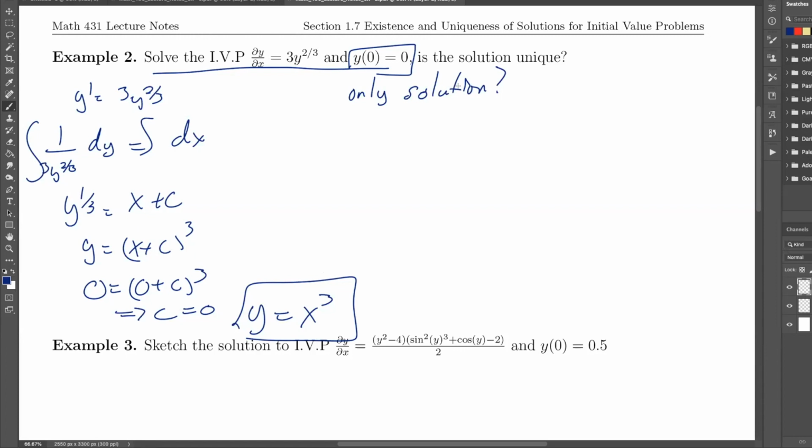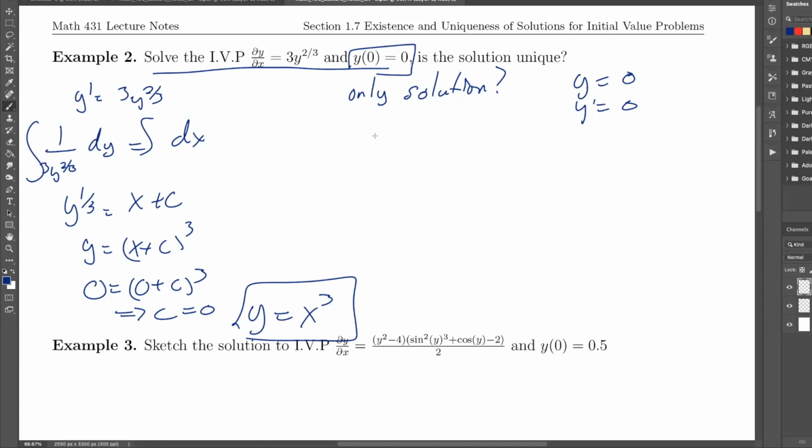Nope, right? Because there's another solution. I could have y equal to 0. If y equals 0, its derivative y prime is also 0. And is that equal to 3 times 0 to the 2/3 power? Yeah, that's true too, right?